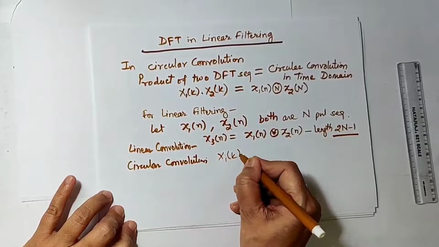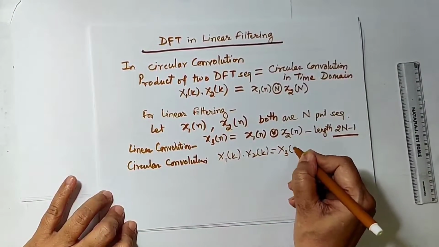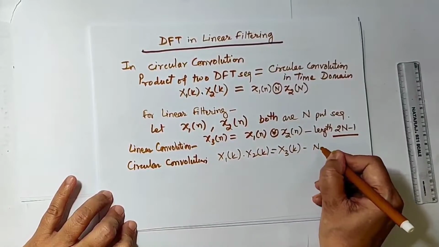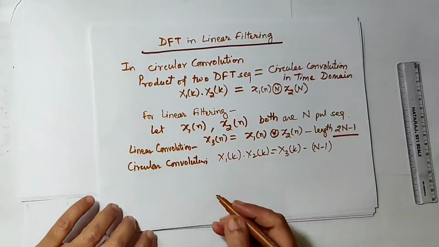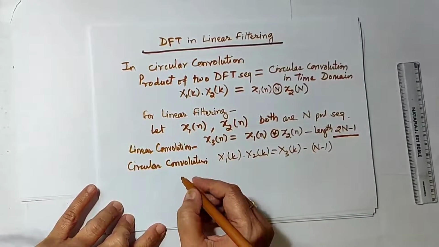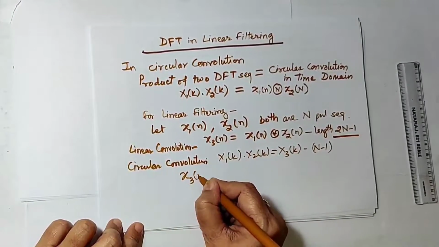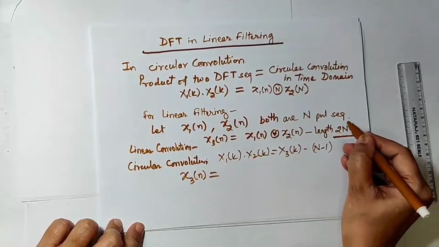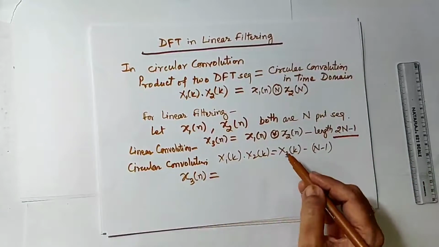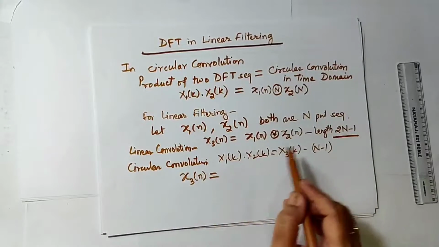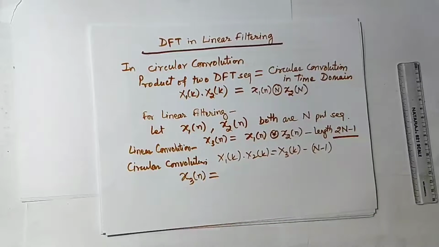And what does circular convolution say? This X1[k], X2[k] will have X3[k] where we have N minus 1 samples. So what should be the value of x3[n] with this value? What we are actually doing is processing linear convolution and testing it for circular convolution.